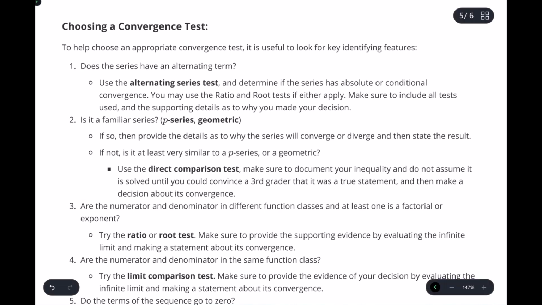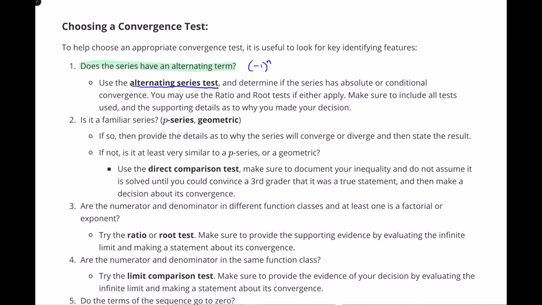So first off, does the series have an alternating term? That's generally pretty straightforward to identify, like for instance, if it's got something like -1 to the n in it. If it does, chances are you're going to need to use the alternating series test and possibly determine if the series has absolute or conditional convergence.